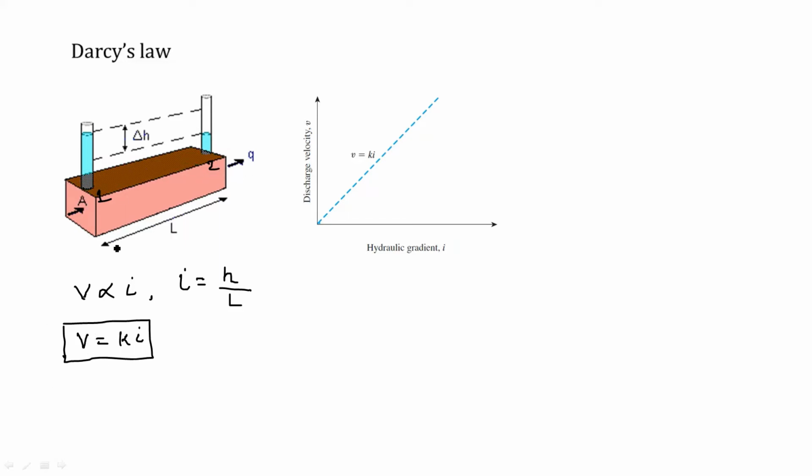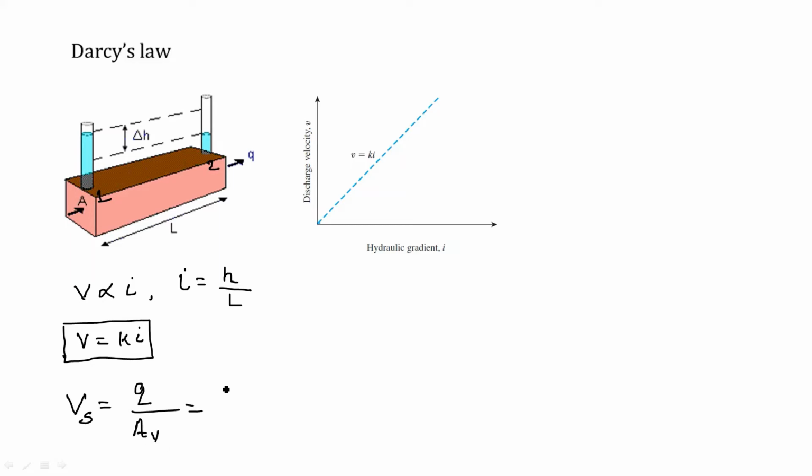Now, since we know the soil is connected and having pores, the water is moving from 1 to 2 through the continuous voids. So the velocity which the water has in the void is called seepage velocity, which is defined as the discharge divided by the area of voids.